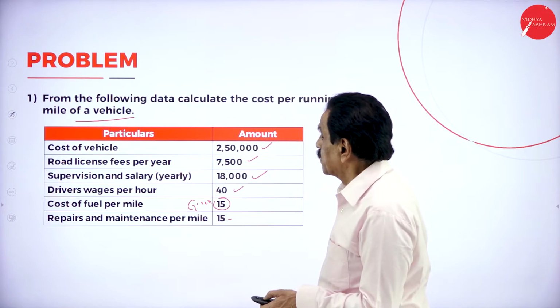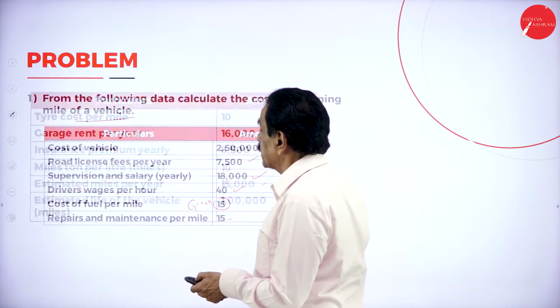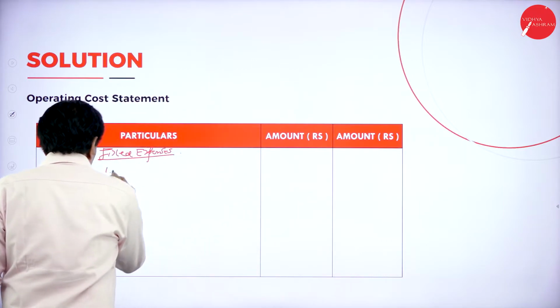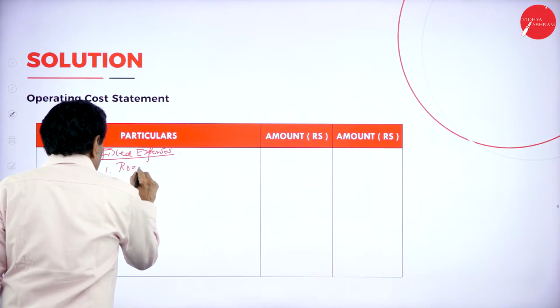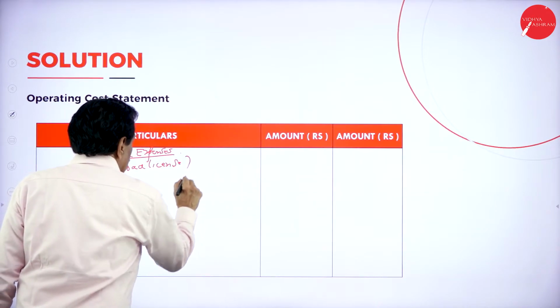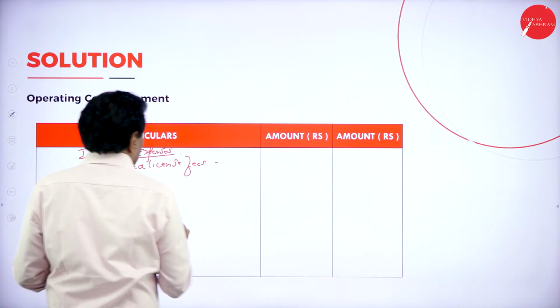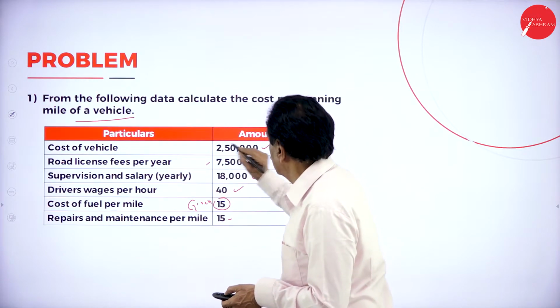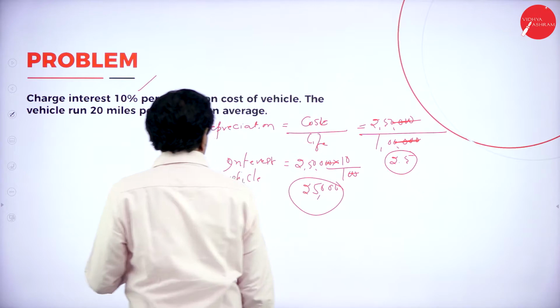See that? Number 1, road license fees. Road license fees 7,500.